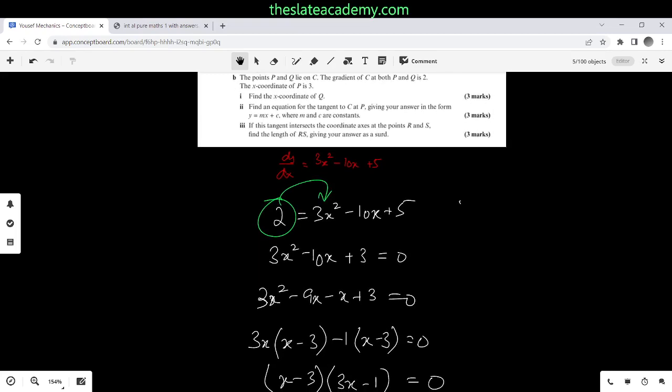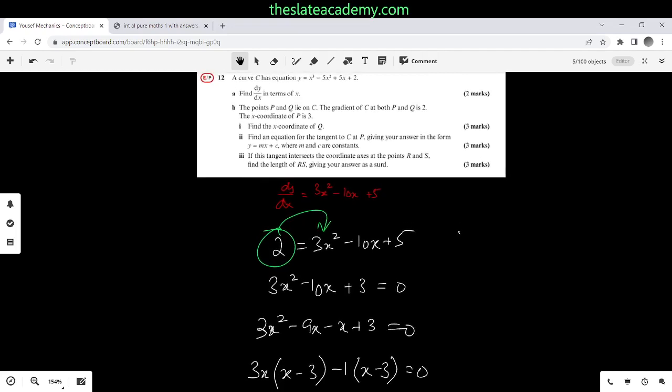Find an equation for the tangent to C at P. First, I need to find what y is. We have the gradient and x, but we don't have y, and we don't have c, where m and c are the constants.